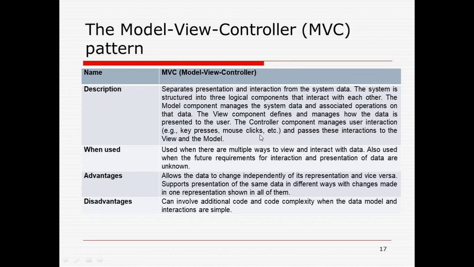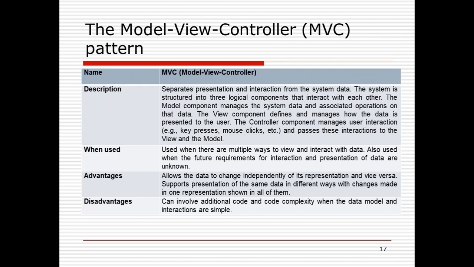The users interact with the system through key presses, mouse clicks, etc., and the controller represents those user interactions and passes them to the view and the model, because the user wants to view the data in a particular format, managed in a particular way.